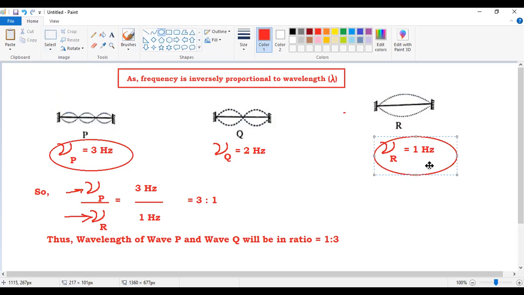See. So from here, I will be finding the ratio and the answer comes out to be 3:1.